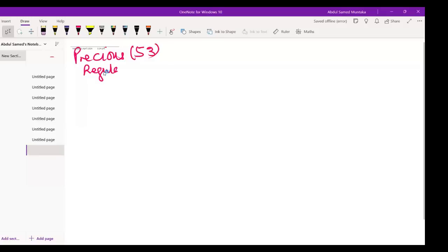So regular is 40 hours and overtime is 13 hours. So Precious is paid 30 cedis per hour. So this should be 40 times 30, and that will give us 1,200.